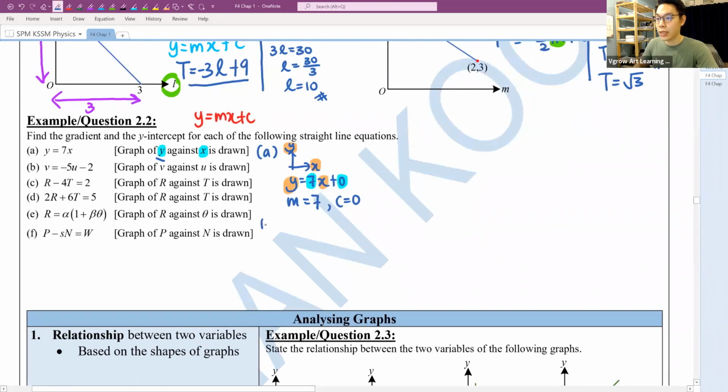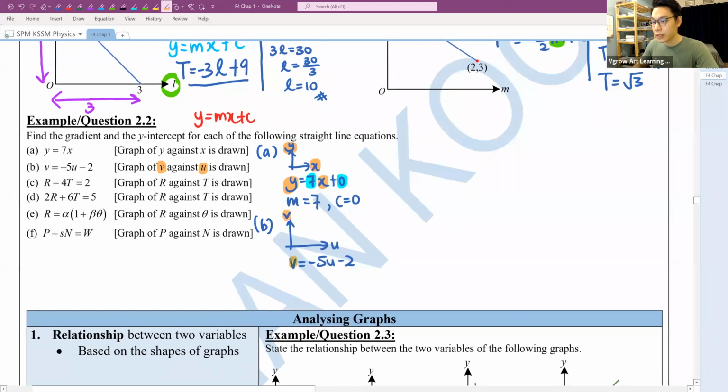Then we try part B. Now this time, they say V against U. So this graph is V against U. And our equation I got is V equals 5U minus 2.